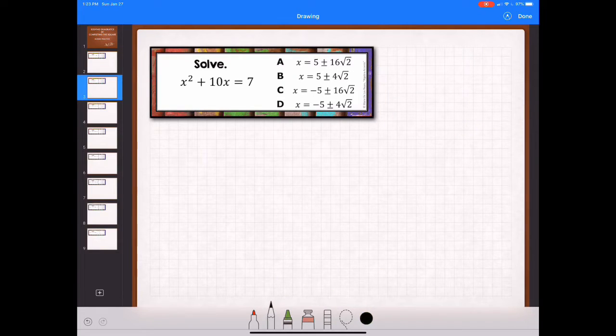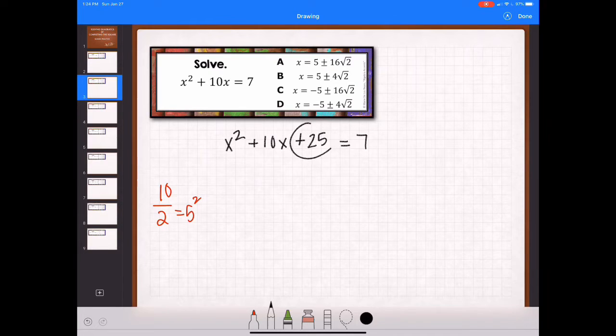Okay, next one. So you'll want to write it out, make a little space, equals 7. Take the middle term, 10, divided by 2, that gives you 5, and then you take that 5 and you square it, and that number is going to go right here, plus 25.